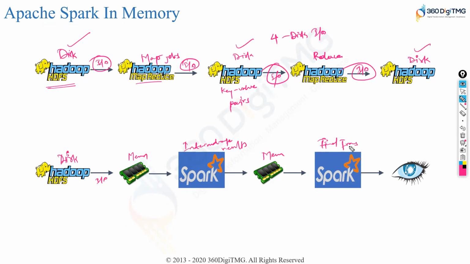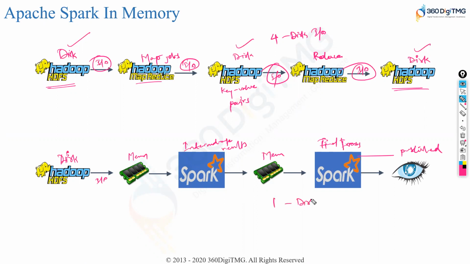When you do the final transaction, the result you get is published here. If you want to store it, you can store it. But otherwise, the I basically symbolizes that you are watching, you're seeing the result. Whereas here you cannot see, you have to first store the data. So how many disk IOs are happening here?